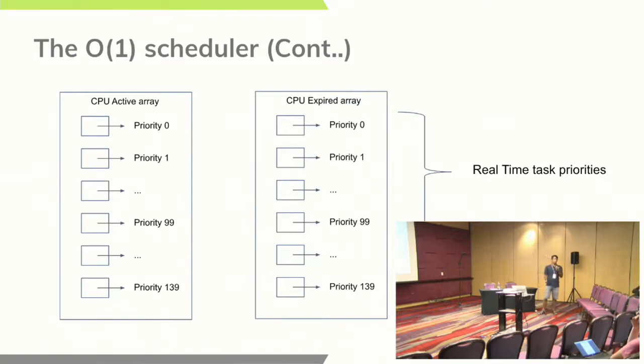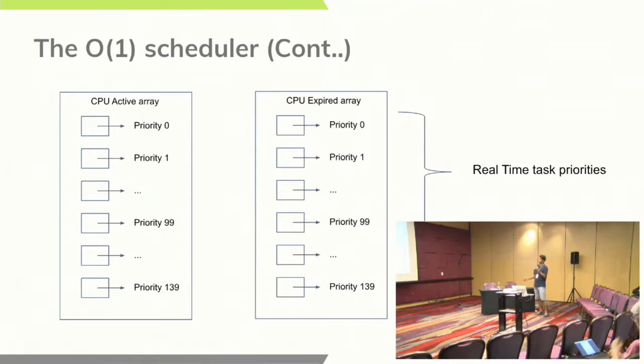With a simple round robin, a CPU will always start from here, run all the tasks in this priority, then priority 1, up to 139. Once there is no other task left on this particular array, we switch both the arrays. This becomes the active array, this becomes the expired array, and the CPU starts executing tasks from this array. This was simple at that time.